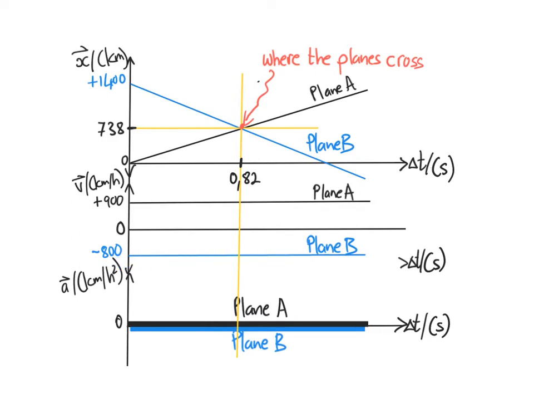Every hour it becomes 800 kilometers closer to airport A. So we expect the x value to get less, because the x value is defined as the position of the aircraft from airport A. It does this at a constant velocity, so its gradient is constant, but notice it's a negative gradient, so it's backward sloping. And at 0.82 hours, the two positions become the same.